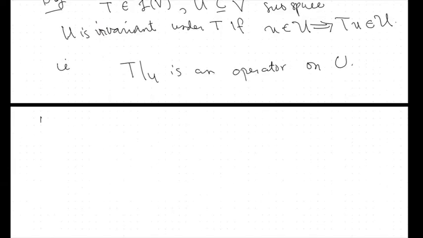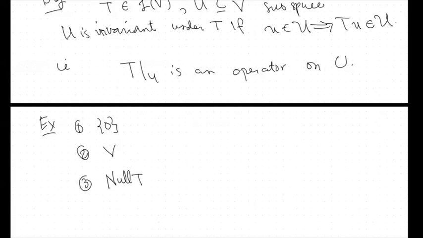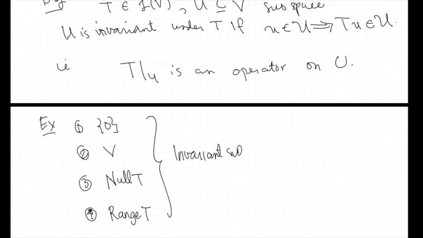I will state some common examples. We get 0, we get V, and then we have null T, and here we get range T. These are all invariant subspaces.